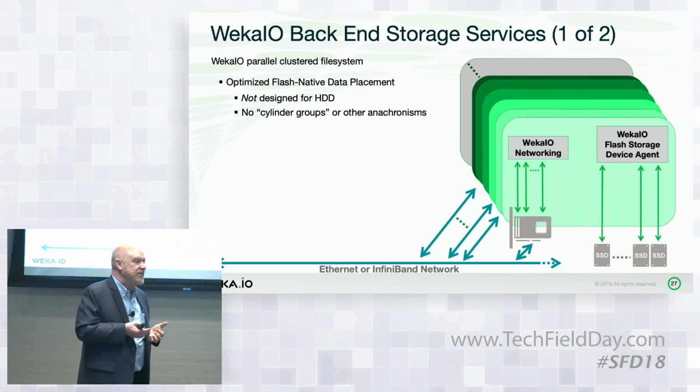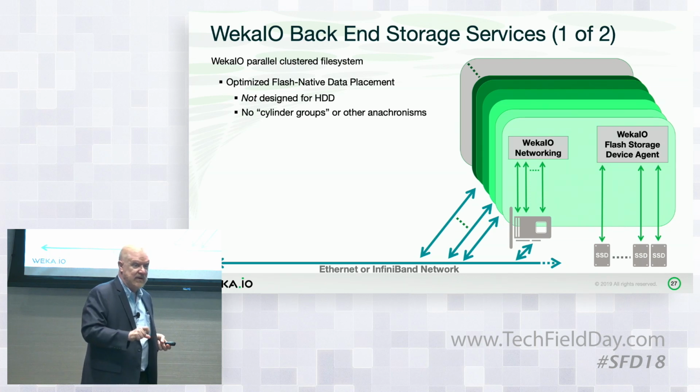And one of the things that allows us to be fundamentally different and faster, like the example that was given a little while ago with untarring a large number of small files and so forth, is that it's usually a bad idea to put hundreds of thousands or millions or billions of files in the same directory.